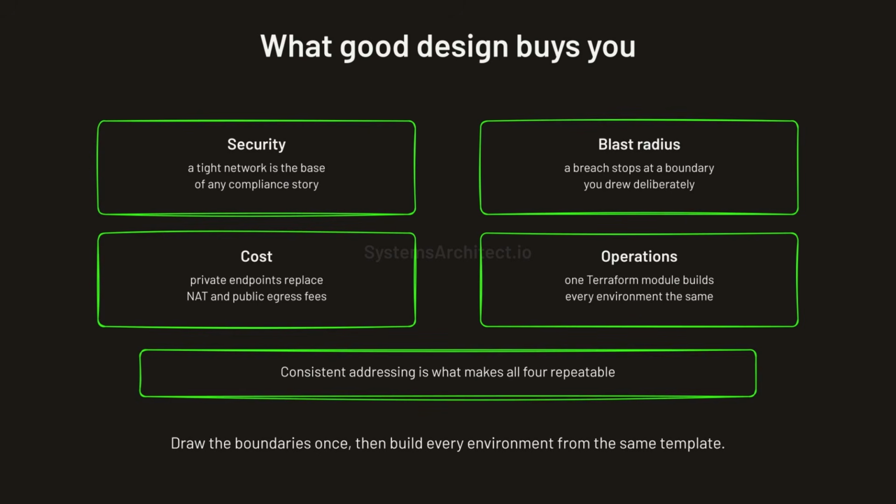Why does segmentation matter? Blast radius shrinks because a breach in one segment stops at a boundary you drew deliberately. Cost drops when private endpoints and dedicated circuits replace NAT and public egress charges. Operations get simpler. Consistent addressing lets one Terraform module build every environment identically.